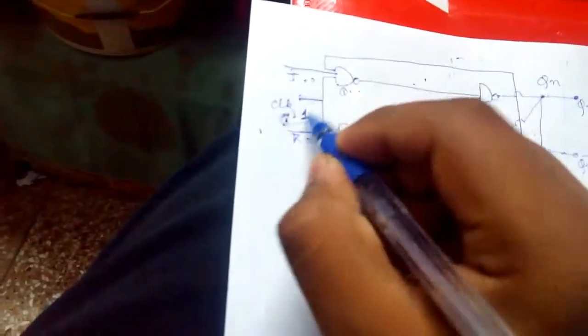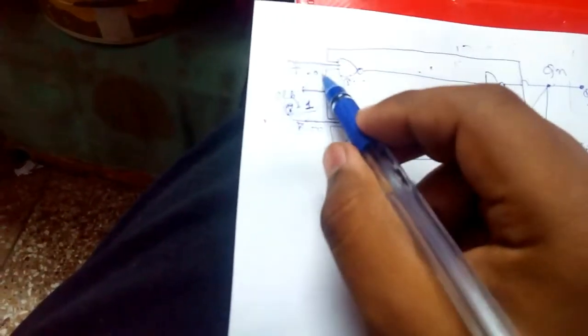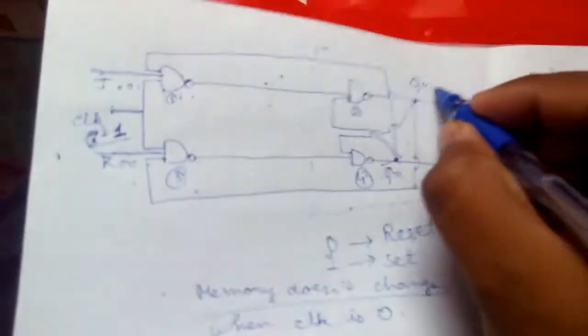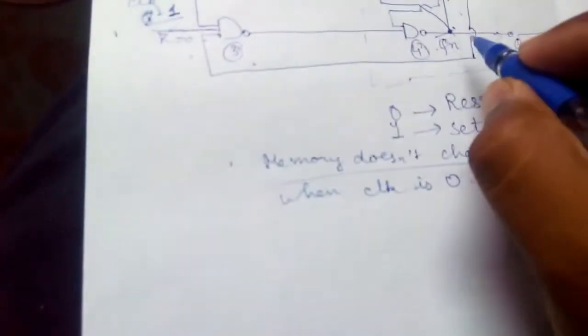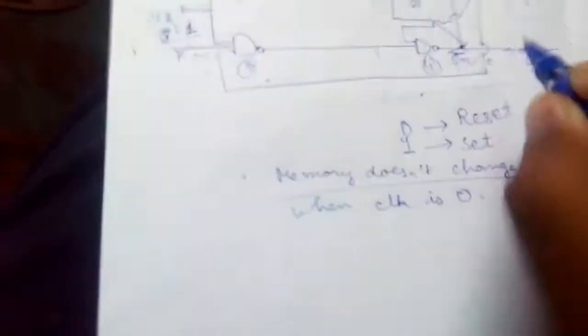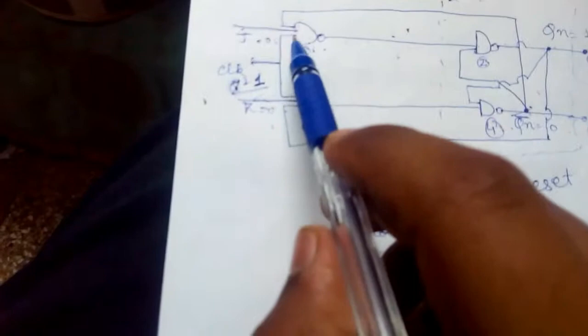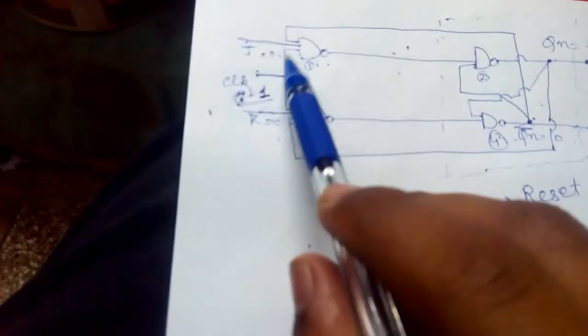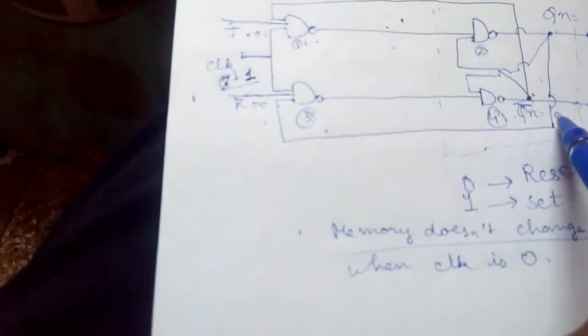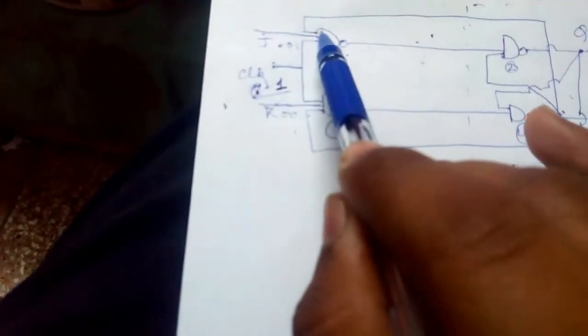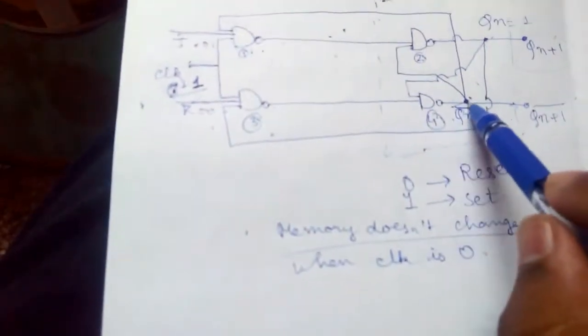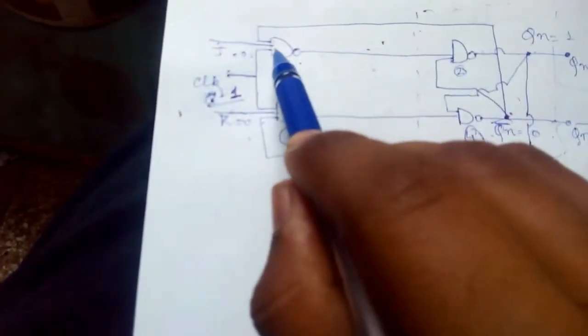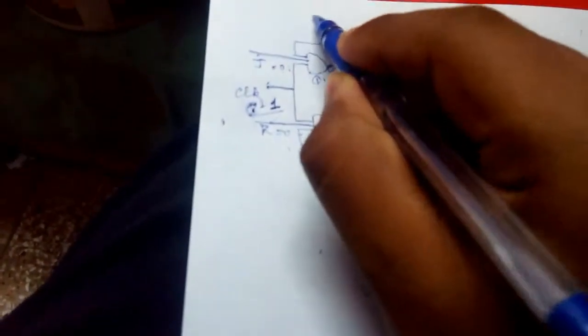Okay, this is 1, this is 0, J and K are 0. In the first case, let Qn be 1 and Qn dash would be 0. Now let's check for the NAND gates 1 and 3. Here for J it is 0. The 0 will travel through this path, so 0 and the clock pulse 1: 0 0 1.